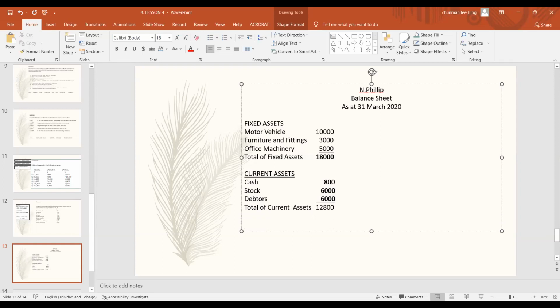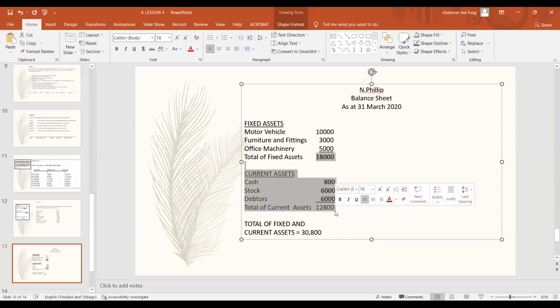So your total fixed and current assets would be $30,800. That's when you add your 18,000 to your 12,800, you get $30,800. Okay. Now going on, just a minute.